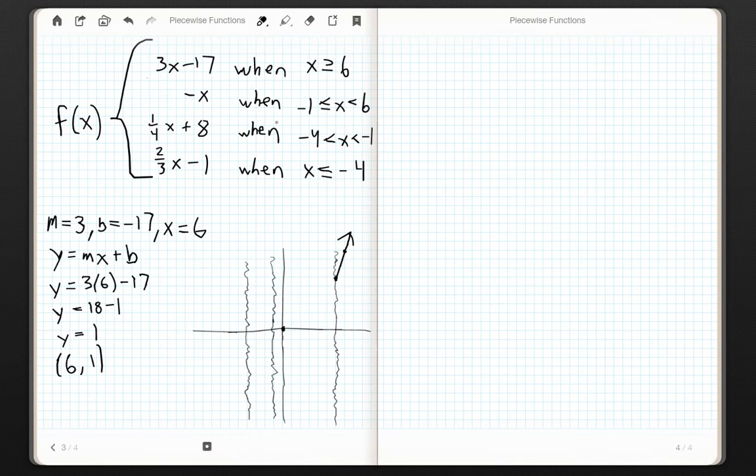So going over to where the maximum of this range of 6, negative x is going that way. So we go right 1, down 1, like that. And because it does not include where x is 6, we're going to draw an open circle right there. But for where x is negative 1, it does include that. So we draw a closed point there.